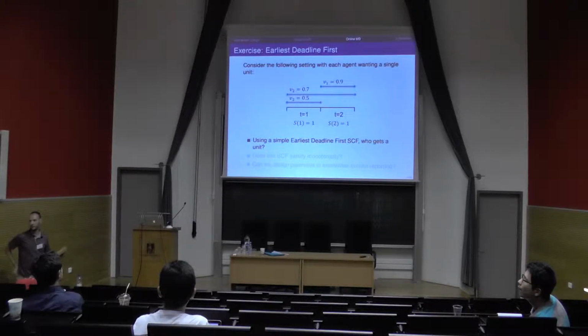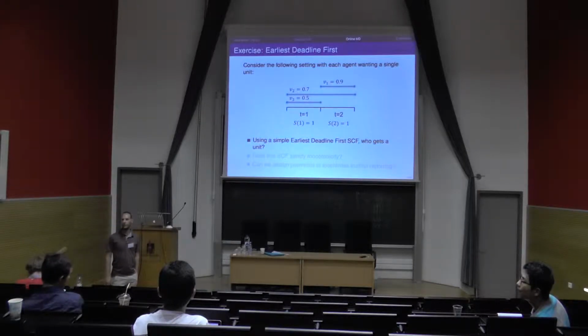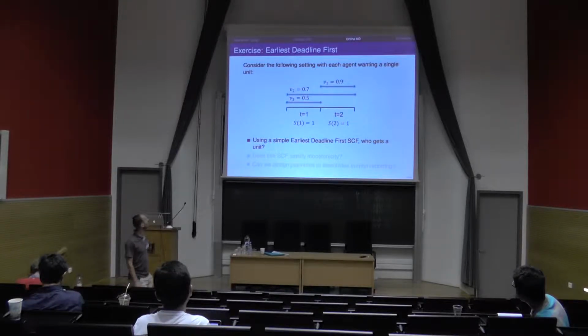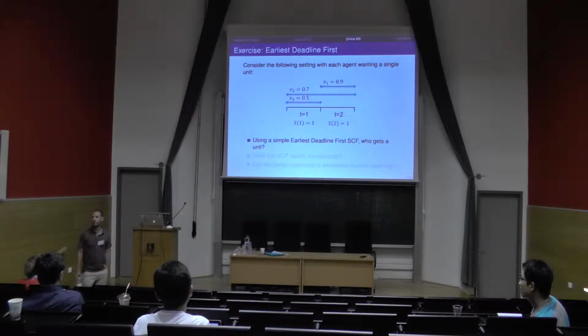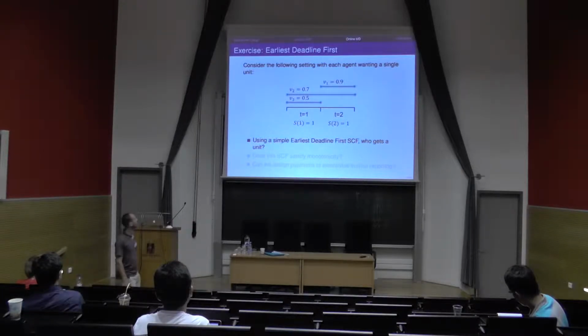So we will allocate the first time slot to the player with the smallest flexibility, which is the bottom player, with 0.5. Agent 3. So we will wait for the future to see what happens with player 2. In the second time slot, player 3 arrives, who pays more. So we will allocate to player 1 actually. We will allocate the slot to him, and player 2 will get nothing. Okay.